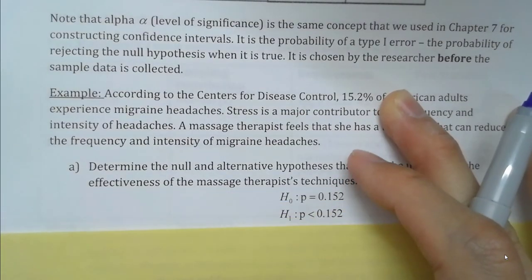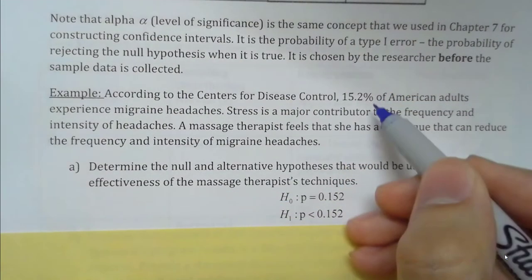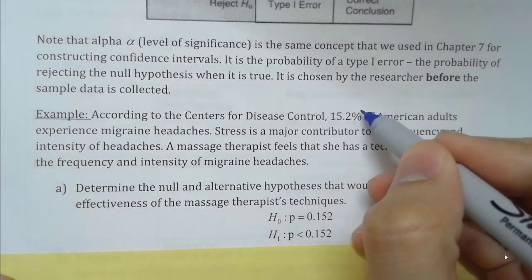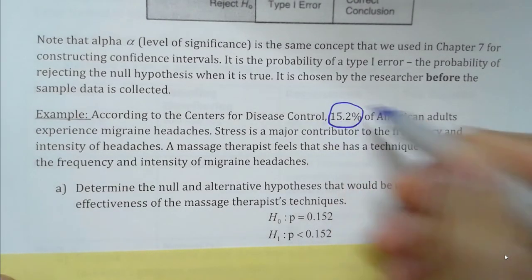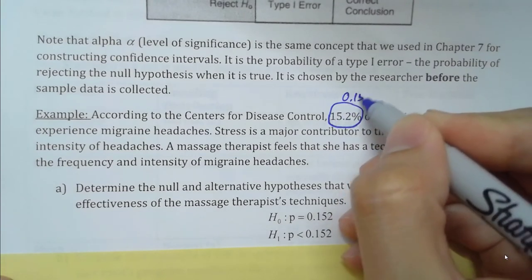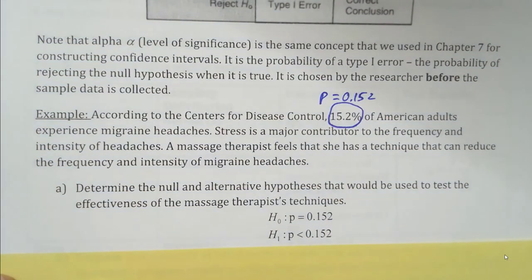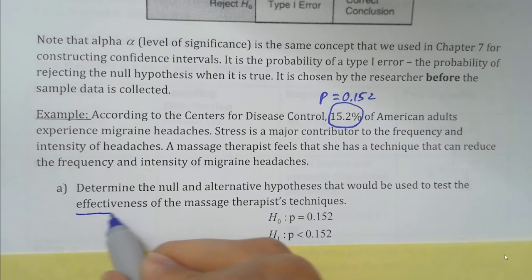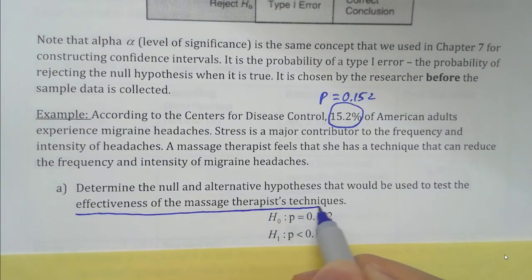Alright, so we know that we are given the percentage. Percentage means proportion. Proportion in decimal, move 2 places to the left, 0.152, p. So we are looking to test the effectiveness of the massage therapist.